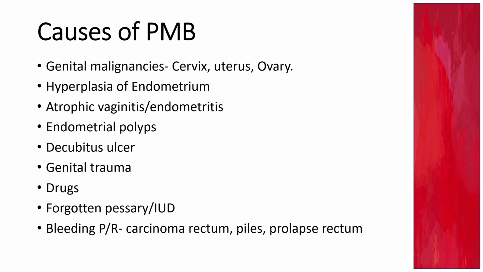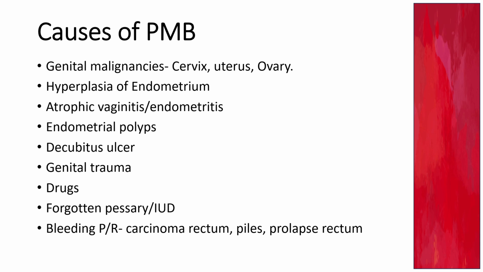These women may be in the middle age or in their 60s or 70s, may be on antiplatelet drugs, may be on anticoagulants, or she may be on prophylactic tamoxifen therapy. She may be on hormone replacement therapy.